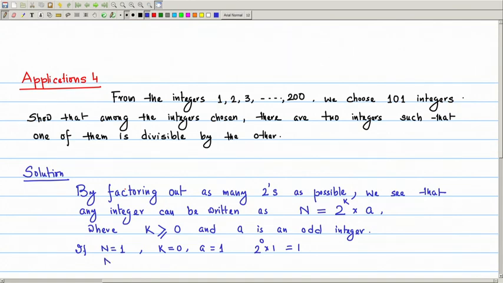Similarly, if n equals 2, then k equals 1 and a equals 1, since 2^1 * 1 equals 2.